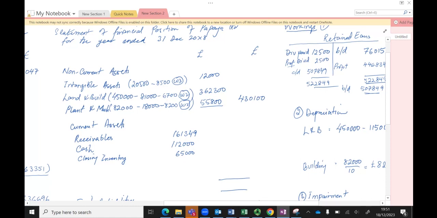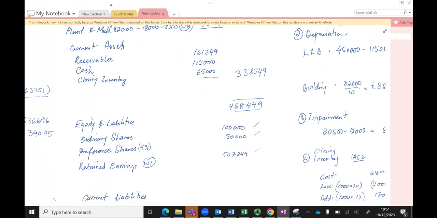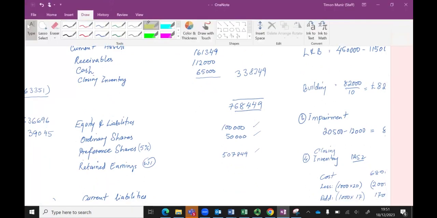The total of current liabilities is 338,349, and now adding the non-current assets and the current assets, the total is 768,449. So now you can see that the total of non-current assets and the current assets is 768,449.